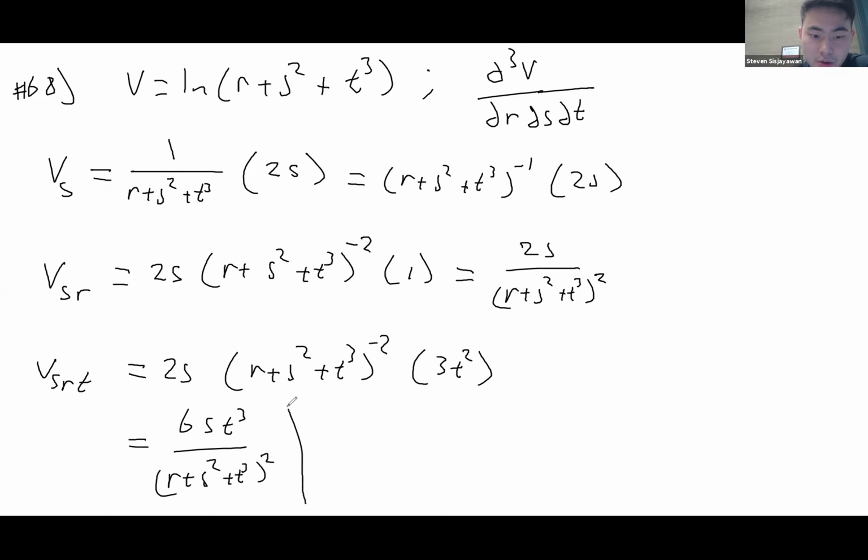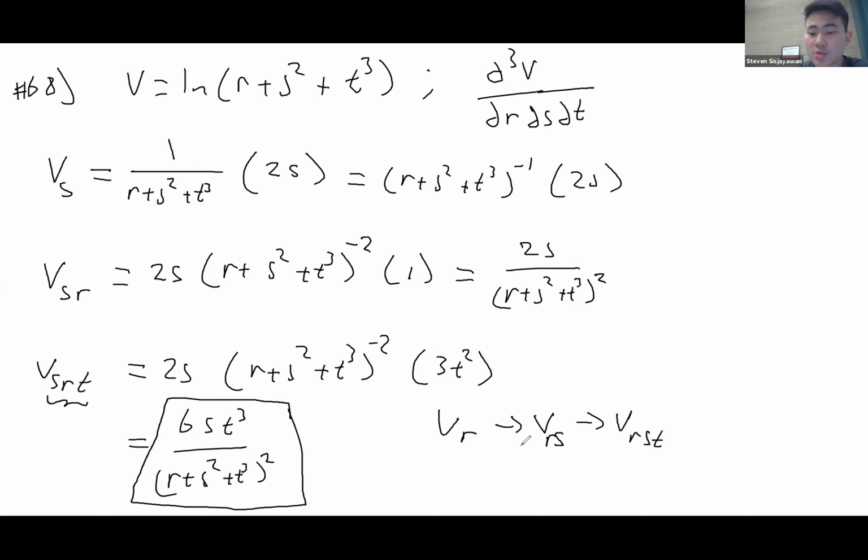And this is going to be your answer. Just as I mentioned before, it doesn't matter what order you take. You can take Vr first, and then take Vs next, or Vrs, and then take the partial derivative in terms of t. It doesn't matter what order you use, as long as you take the same number and type of partial derivatives.